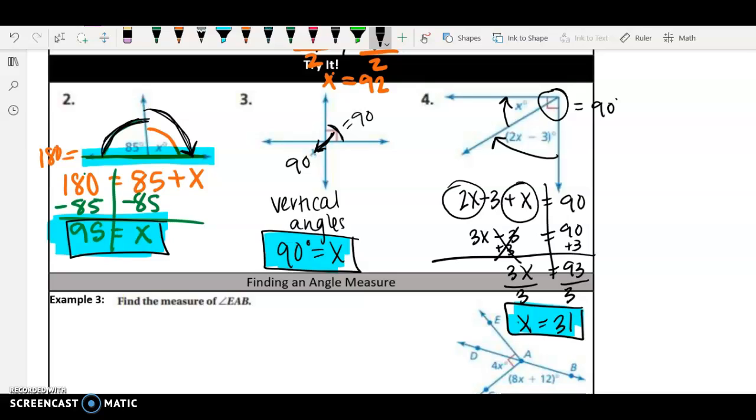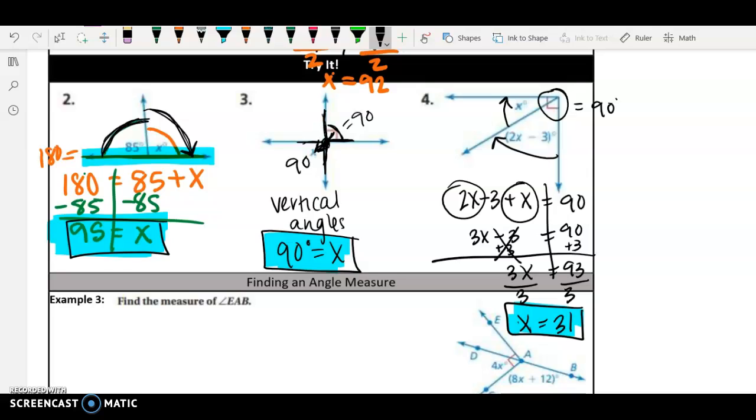On number 3, these are vertical angles, so even though it's not on top, it's okay. They're still across from each other, and they share this vertex right here. And so that means that if this is 90 and that box tells us that it is, then across from it is also 90.